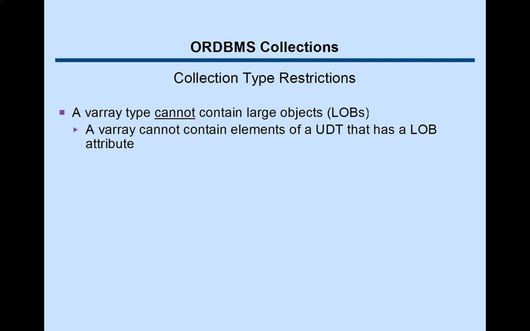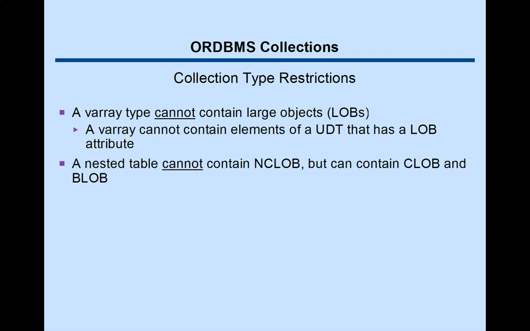So large objects are out if you're using a V-array. A nested table cannot contain certain types of large objects. It cannot contain an N-clob, which is a national language character large object, but it can contain a clob, a character large object, and a blob, a binary large object.